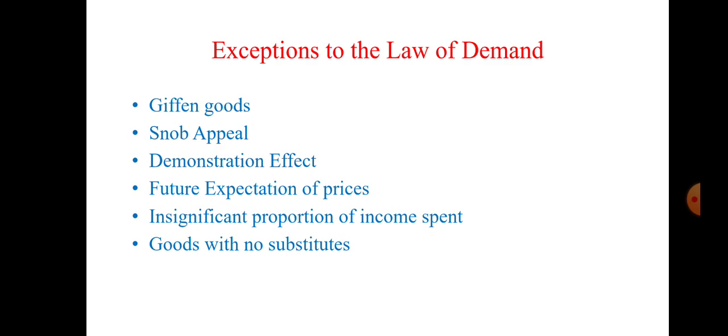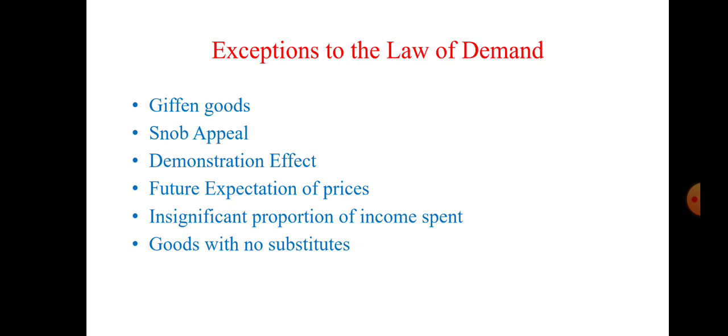Here the exceptions are Giffen goods, snob appeal, demonstration effect, future expectations of prices, insignificant proportion of income spent, and goods with no substitutes. Products with status value, usually purchased for status representation, are considered exceptions, and essential goods like salt and rice are called Giffen goods.